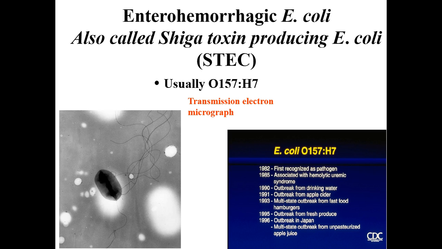Shiga-like toxin is of two types, STX1 and STX2. STX1 is indistinguishable from Shiga toxin produced by Shigella dysenteriae type 1, and STX2 is more commonly associated with development of hemolytic uremic syndrome than STX1.